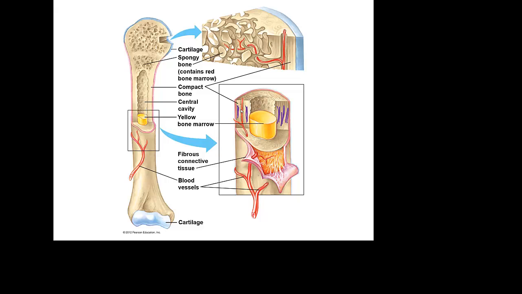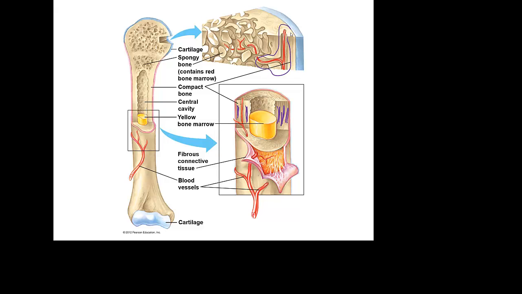Now, when we look at this, why would we have any spongy bone? It looks very dangerous as far as it would break easily, right? Well, you have to keep in mind that we have to keep a fairly lightweight skeleton. So from that standpoint, having these more porous bones not only allows us to keep the skeleton lighter, but it also allows us, as you see here, to bring in blood vessels.